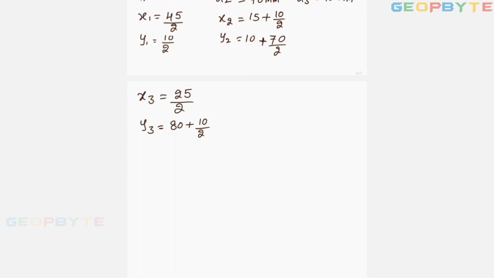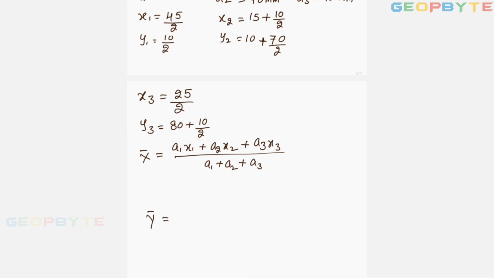Then x bar equal to a1 x1 plus a2 x2 plus a3 x3 divided by a1 plus a2 plus a3.